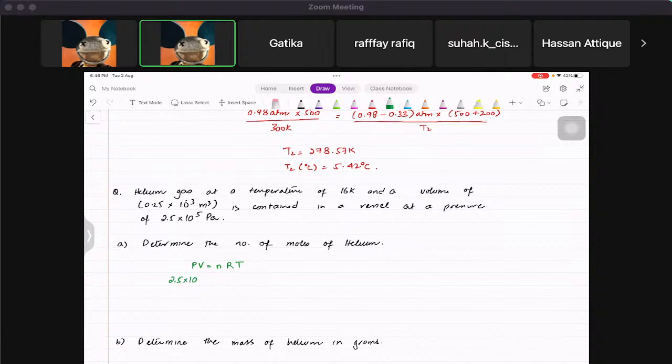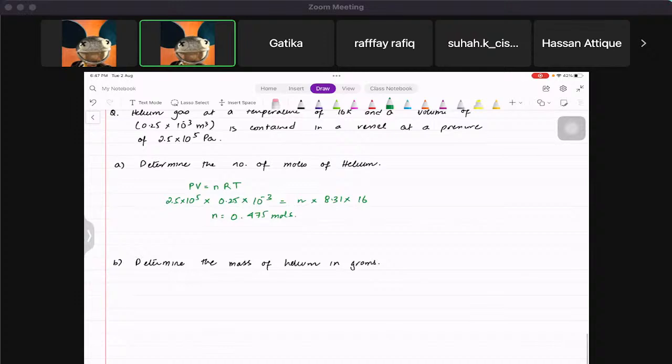The volume was 0.25 times 10 raised to power minus 3. N is what we need. This is 8.31 and this is 16 because it's already in kelvins. The moles, you should expect them as 0.475. It might be a little bit different in the answer, but that's how it should be.